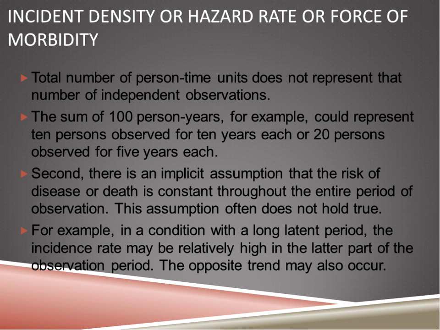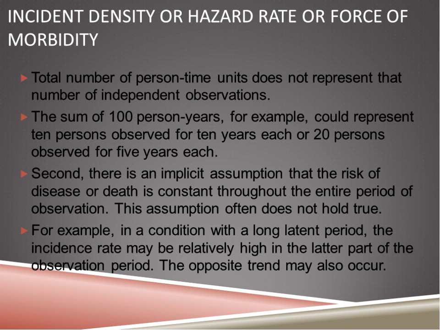The total number of person time units does not represent a total number of individual observations. So the sum of 100 person years does not mean that we observed 10 people for 10 years. We could observe 20 persons for 5 years, or some other way to come up with our 100.